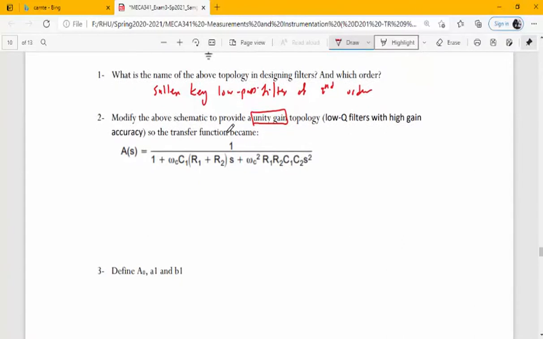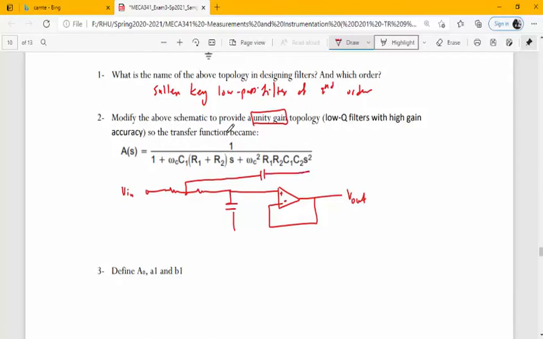And of course, in order to do so, the circuit can be modified as follows. This is Vin. This is the resistor. This is the capacitor. And we have a unity gain. This is V out, and here we have another capacitor, because it is a low pass filter.